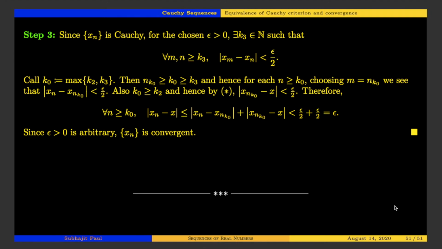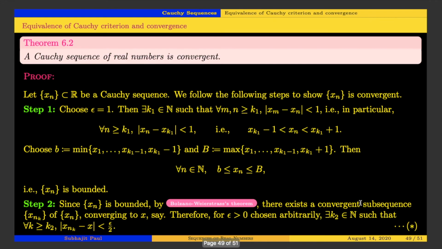Step 3. In step 1 we proved a Cauchy sequence is bounded. In step 2, Bolzano-Weierstrass says bounded means convergent subsequence. So we have the limit of that convergent subsequence, and that limit will be the limit of the sequence. Cauchy is to show something is convergent in the traditional sense, in the definition of convergence, we need to produce a limit.